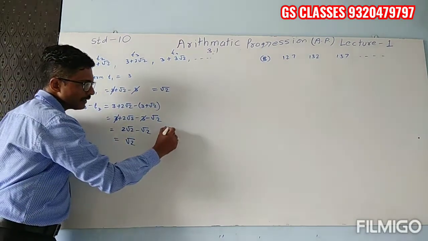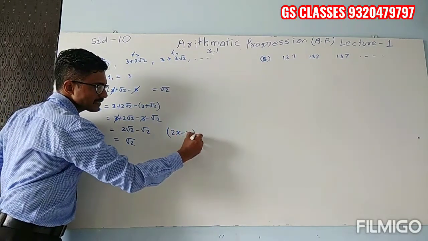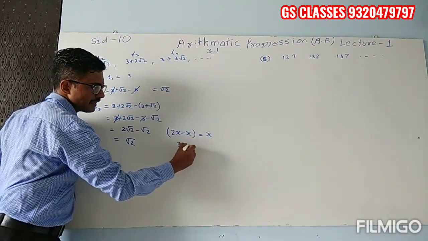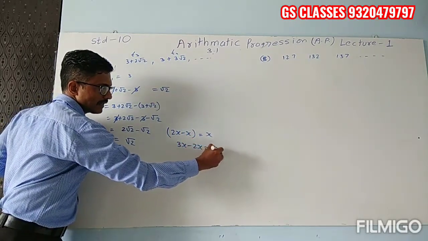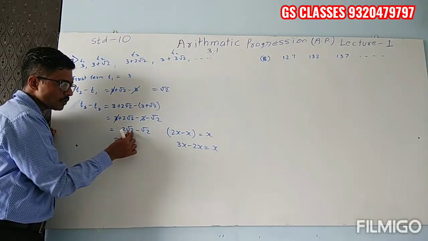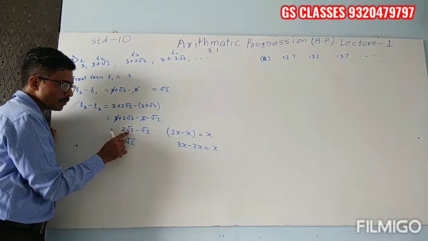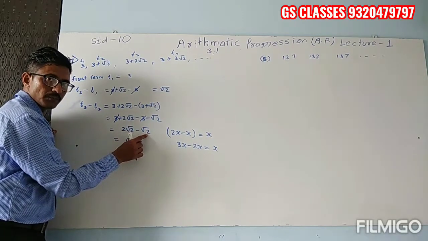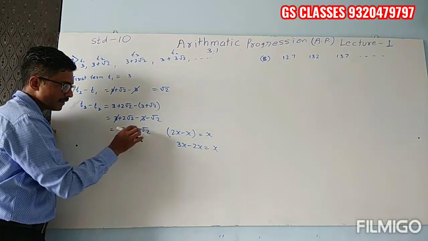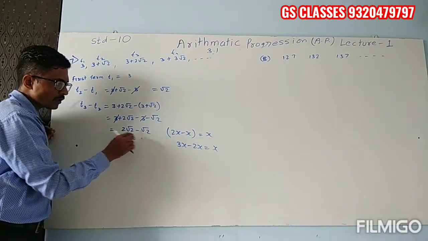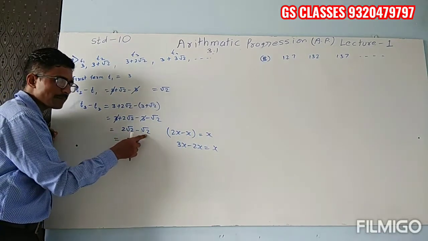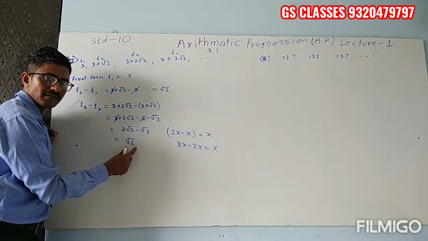Remember, as we do 2x minus x as x, 3x minus 2x again x. Same thing. Consider root 2. So here if nothing is there, you can take it as 1. Take an example: 2 pencils minus 1 pencil. Remaining is 1 pencil.